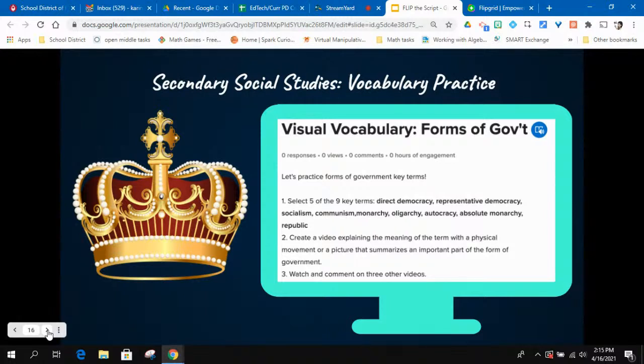We know that when we use total physical response, this is how students not only recall the vocabulary, but then they're able to apply that vocabulary. So using their movement or a picture that symbolizes that vocabulary and then explaining the meaning. And this will help students retain that information and be able to apply it in the future.